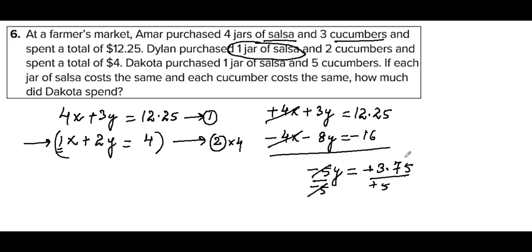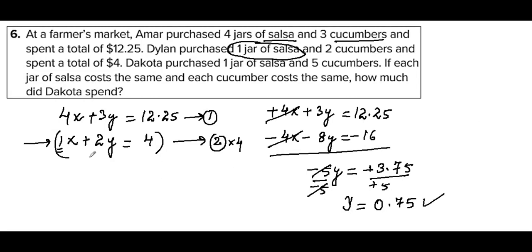When you divide it, what you get? y equal to 3.75 divided by 5. This will give you 0.75. You know how to divide it. So you got y, substitute y in any equation, you will get x.